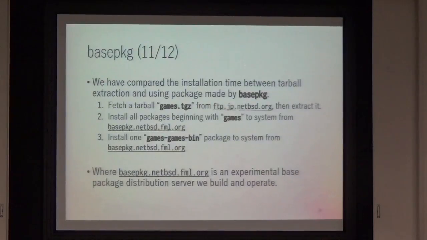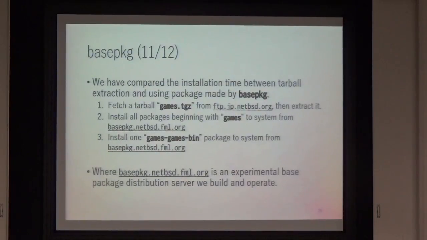We compared the installation time between tarball extraction and using packages made by base package. We processed the following tasks 100 times on NetBSD 7.1 amd64. We used the time command to measure the processing speed. 1. Fetch a tarball named games.tgz from ftp.jp.NetBSD.org, then extract it. 2.